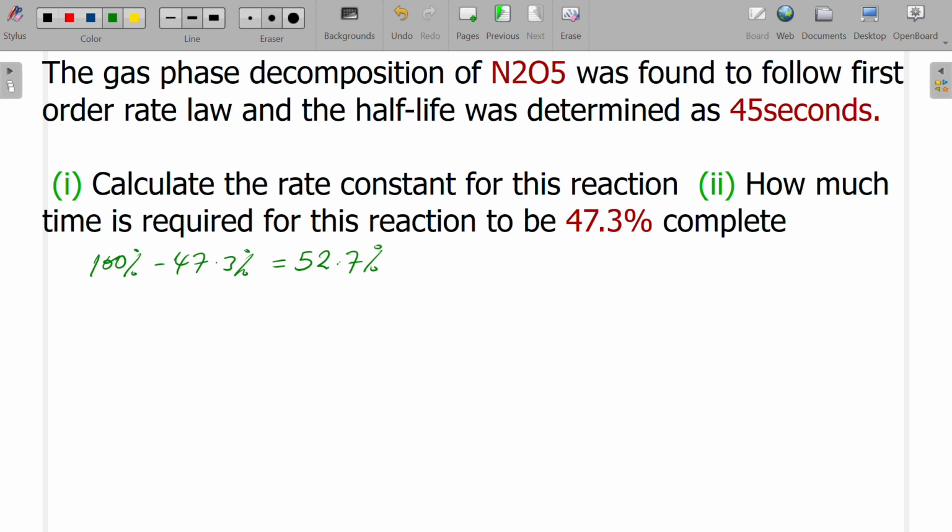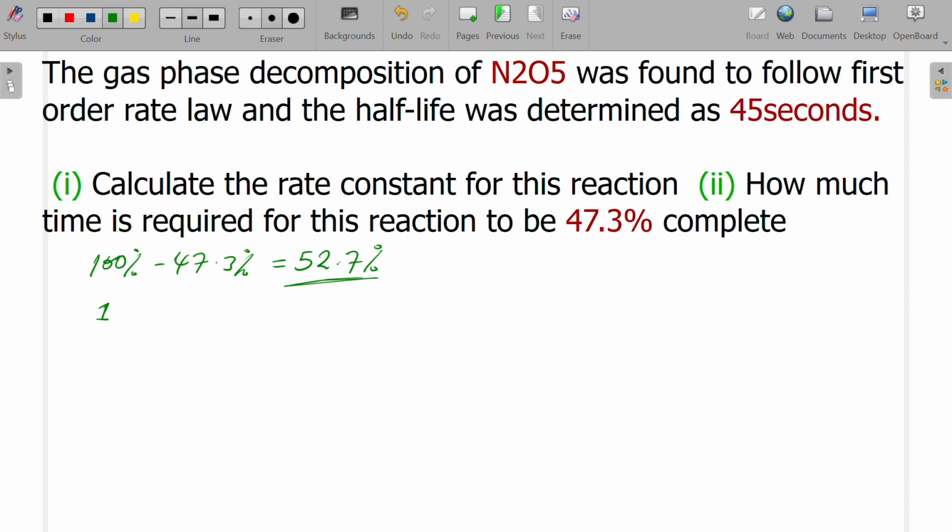So it implies that when 47.3% is completed, what will remain from the initial amount is 52.7%. Now, we need to take it to standard values. So 100% is 1. When you divide 100% by 100%, you get a 1. In order to move from percentage to standard value, we divide by 100.